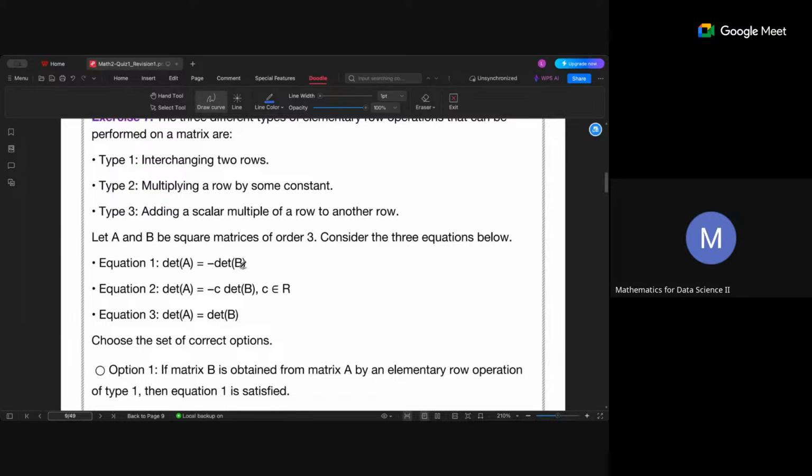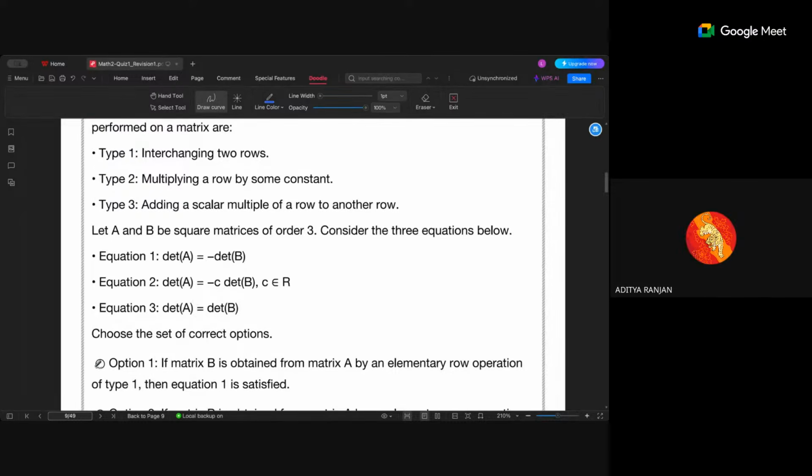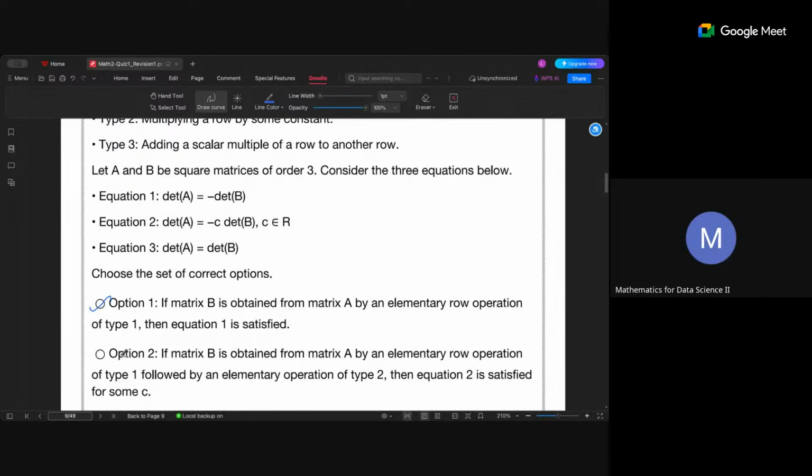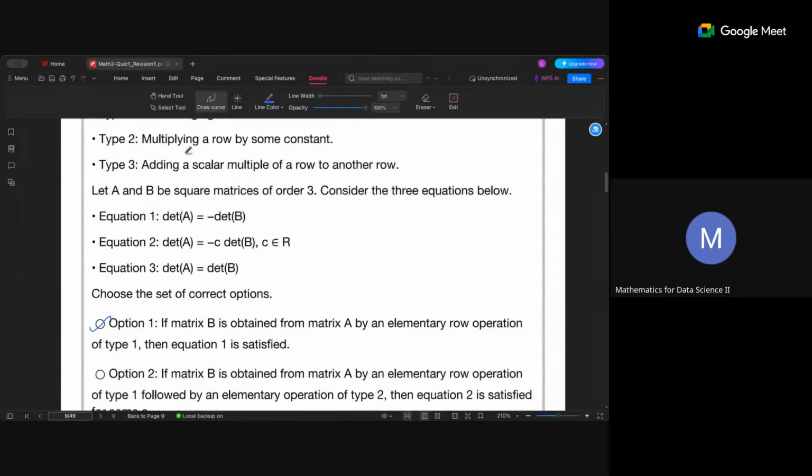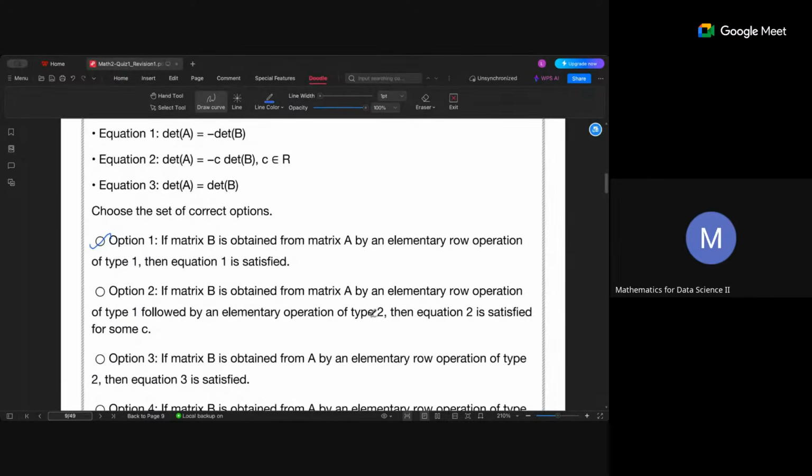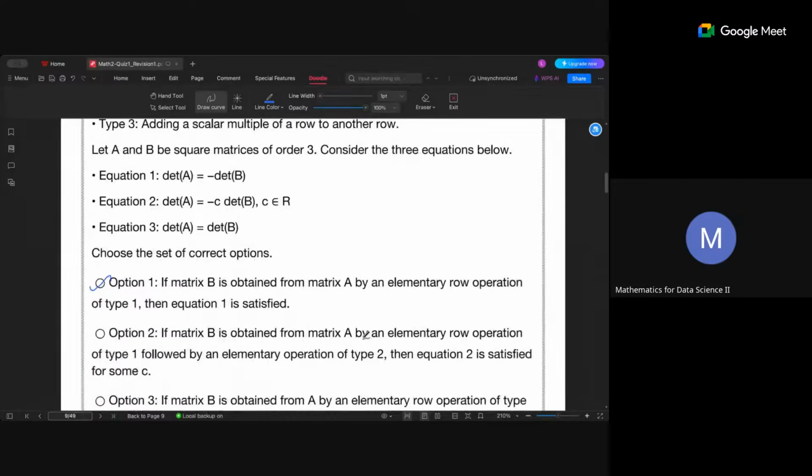Determinant of A equal to minus determinant of B? Yes, ma'am. If matrix B is obtained from A by an elementary row operation of type 1 followed by an elementary row operation of type 2, then equation 2 is satisfied for some C. Yes, ma'am.